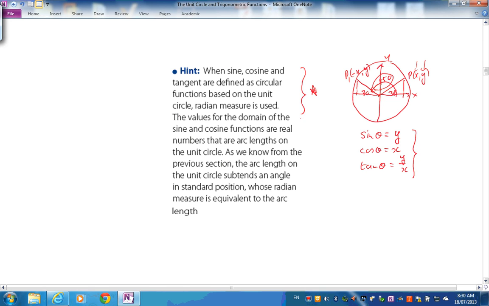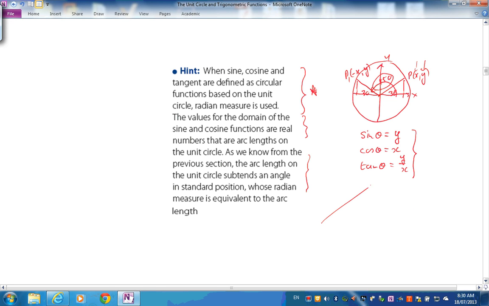Okay, so here the values for the domain and range of the cosine functions are real numbers. They're arc lengths on the unit circle. Yep, you don't have to have degrees. You can have radians as arc over radius, which is just the arc length, because radius is 1. The arc length on the unit circle subtends an angle whose radian measure is equivalent to the arc length.